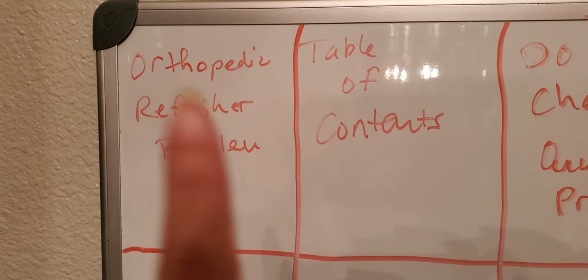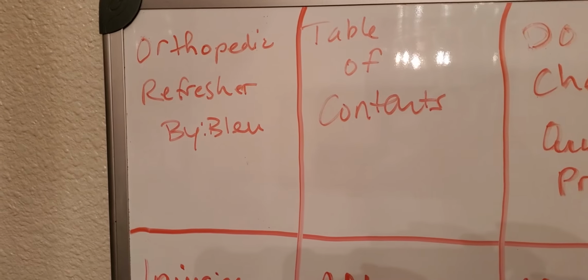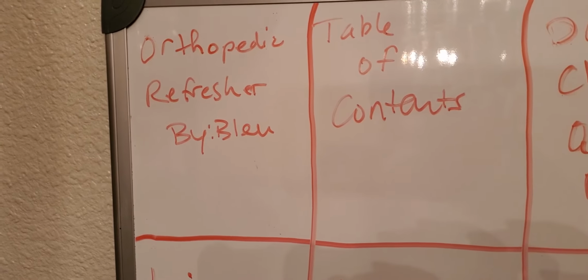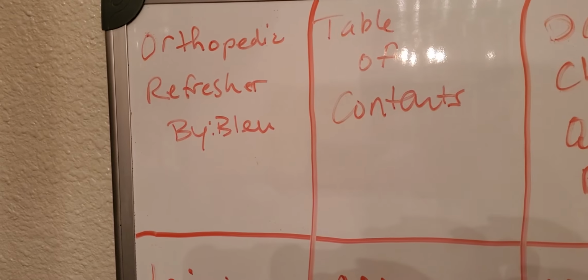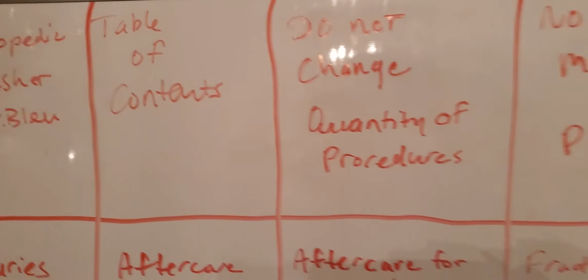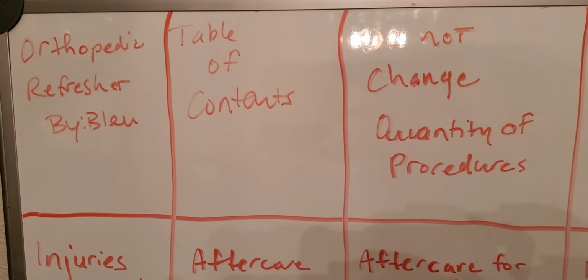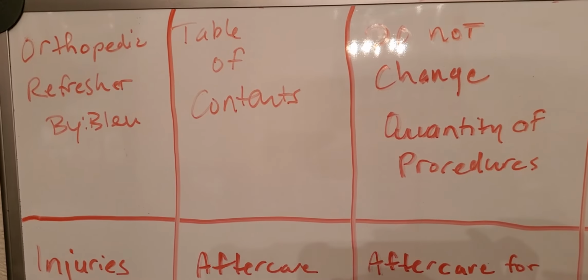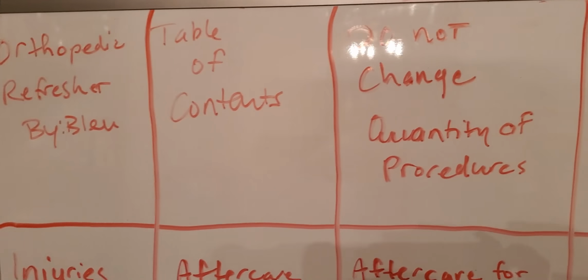I always start off with the first topic sheet being the title, and since this is a refresher, that's what this is. And then the table of contents. All of these that are listed here are going to be on the table of contents sheet, so that way it's outlined, and if they want to just jump right into something, they can.